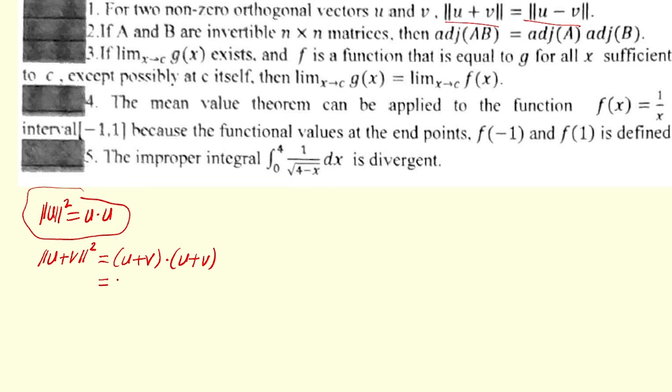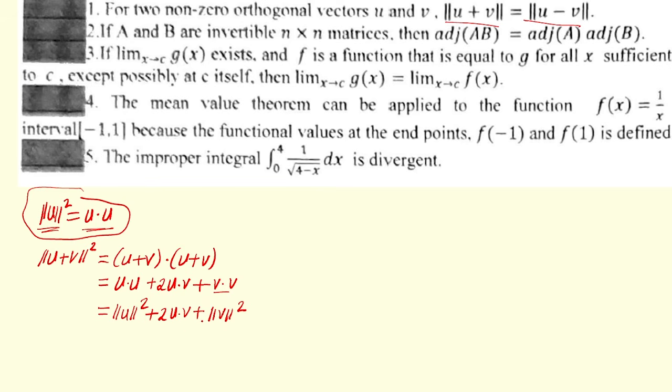From that we will have u dot u plus 2 times u dot v plus v dot v. Here u dot u is the magnitude of u squared, plus 2 times u dot v, plus v dot v, the magnitude of v squared.